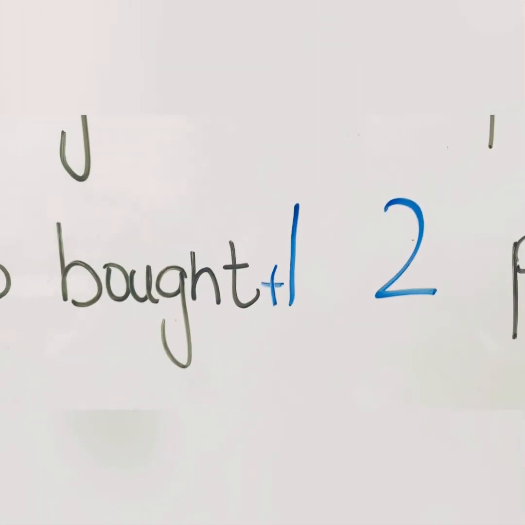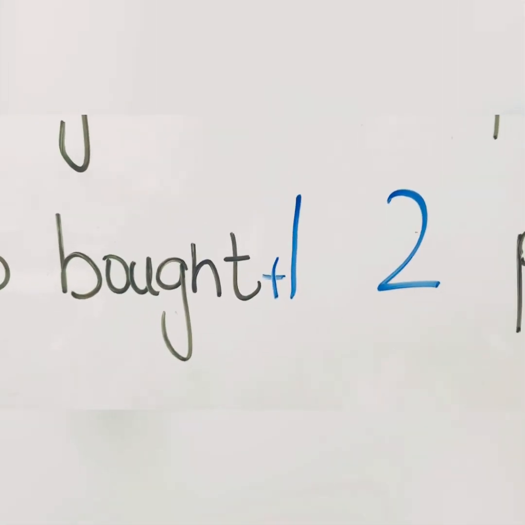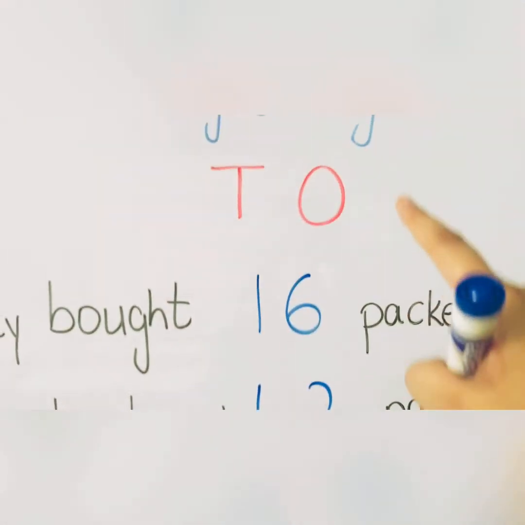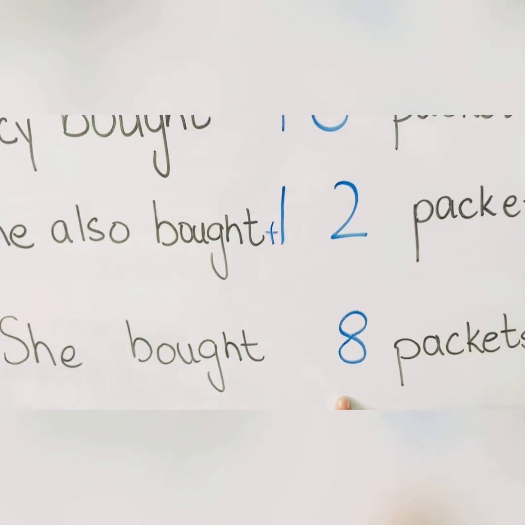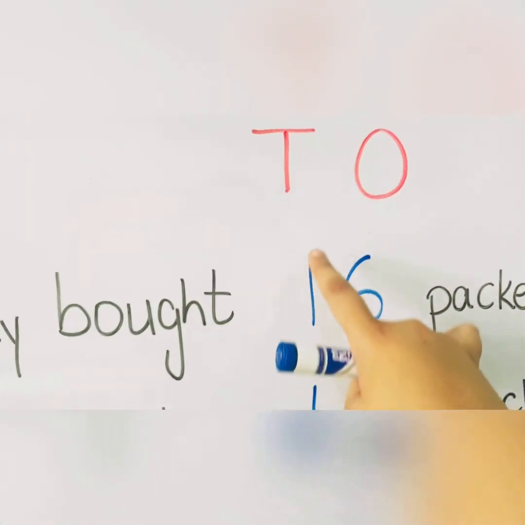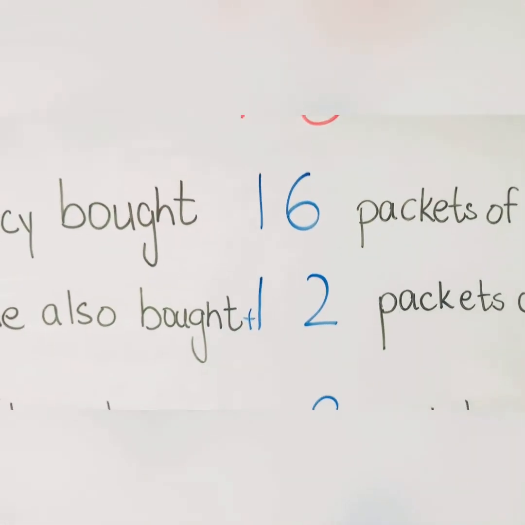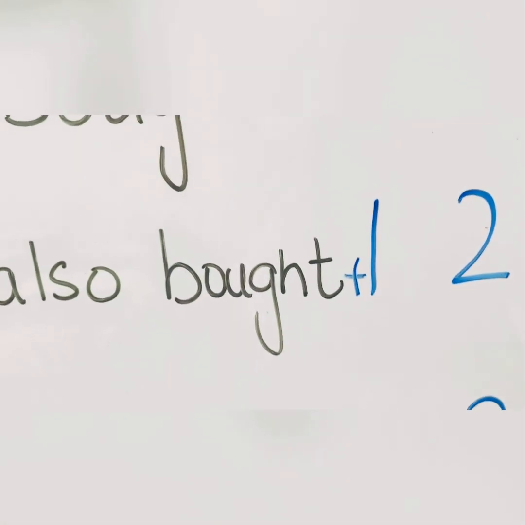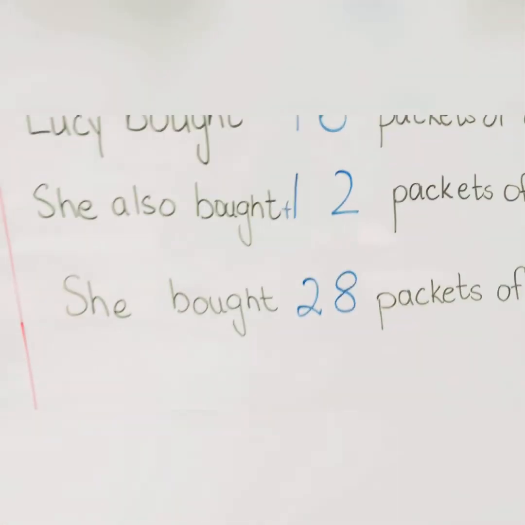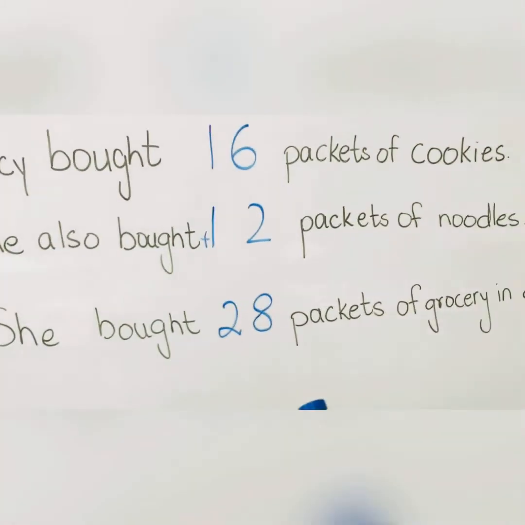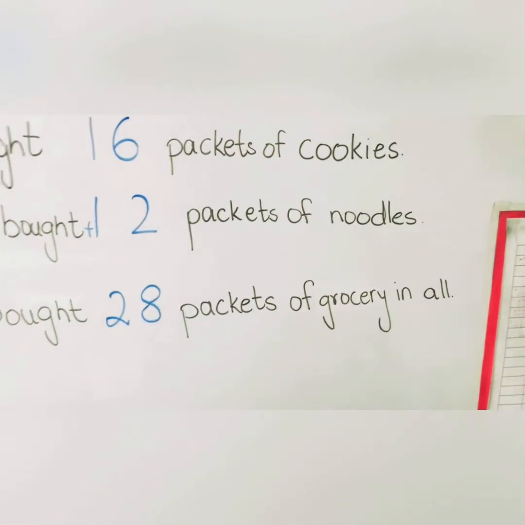So that means in the ones column 8 will come. Now let's see the tens column. 1 plus 1. So this is very easy. 1 plus 1 is 2. So that means that she bought 28 packets of grocery in all.